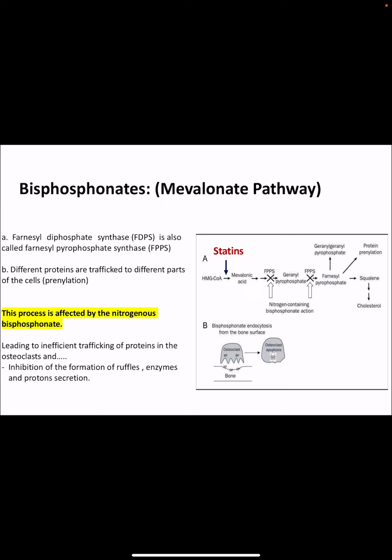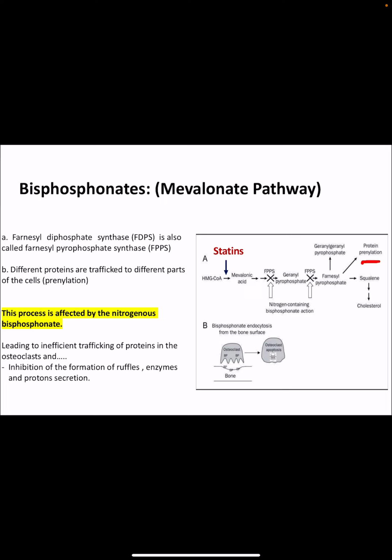Okay, so this pathway is responsible for producing proteins that are responsible for prenylation. These byproducts coming from this pathway bind to other proteins and target them to different areas of the cell.